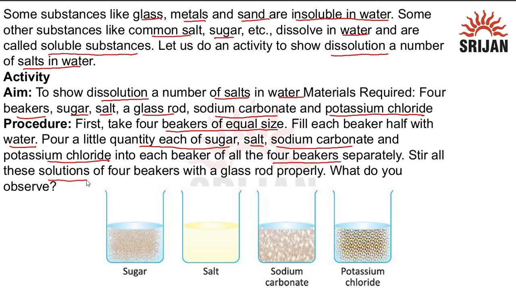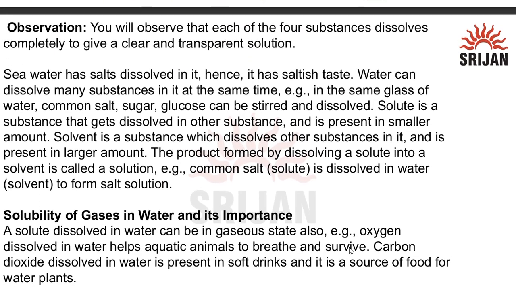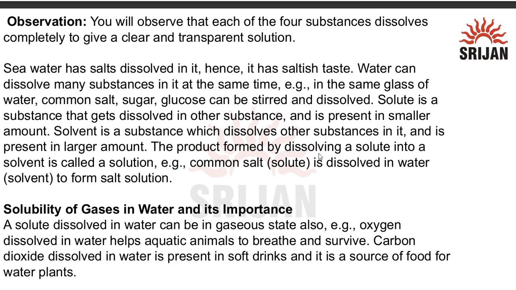Stir the solution in all 4 beakers with a glass rod properly, and now observe what you see. So these are the 4 substances, that is sugar, salt, sodium carbonate and potassium chloride. Now from this we will observe that each of the 4 substances dissolves completely to give a clear and transparent solution in the water.